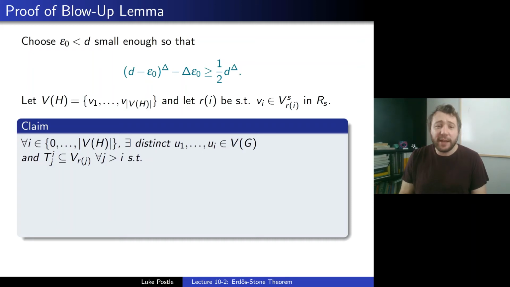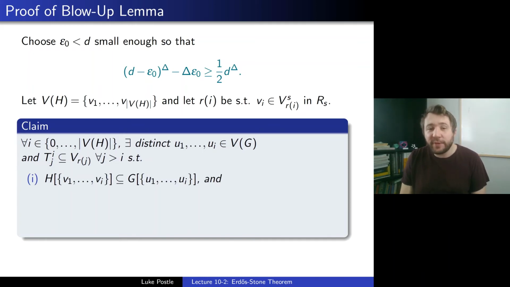So U_j, whenever we get around to embedding it, we'll put it into the target T_ij. And we'll do that subject to some conditions. So we're going to iteratively do this. We're going to start with everything being possible targets for the vertices of H, at least starting with their parts, and then we're going to refine. So we'll do this with a number of conditions. So one, we'll make sure that we've embedded the graph.